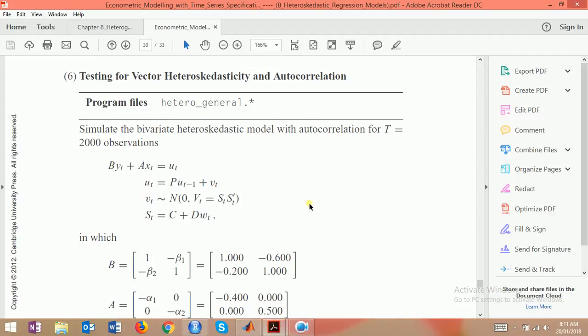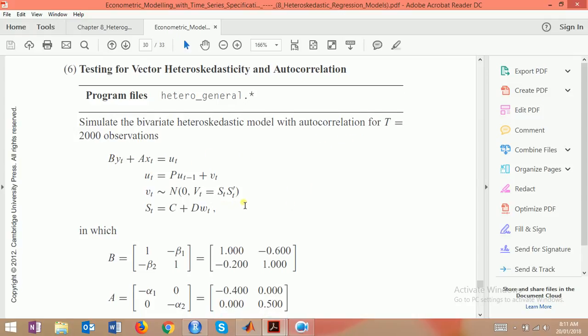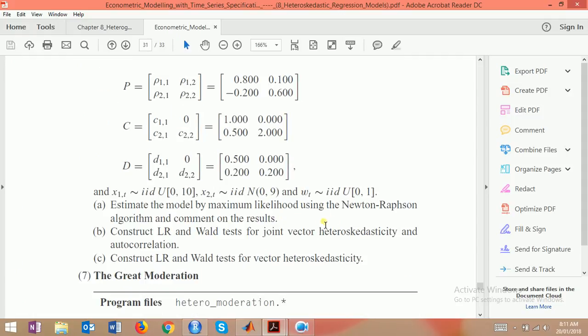So the problem suggests simulating the bivariate heteroscedastic model with autocorrelation for T equal to 2000 observations with the given information. Estimate the model with maximum likelihood using Newton-Raphson. Construct LR and Wald tests for joint heteroscedasticity and autocorrelation, and for just vector heteroscedasticity.